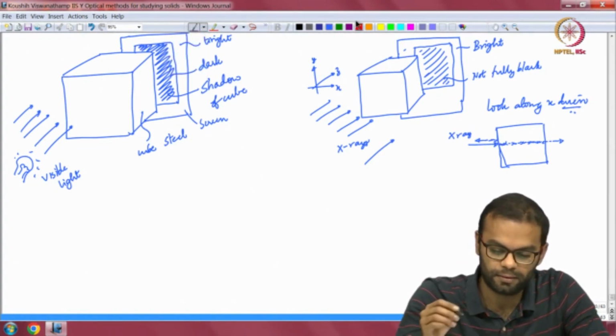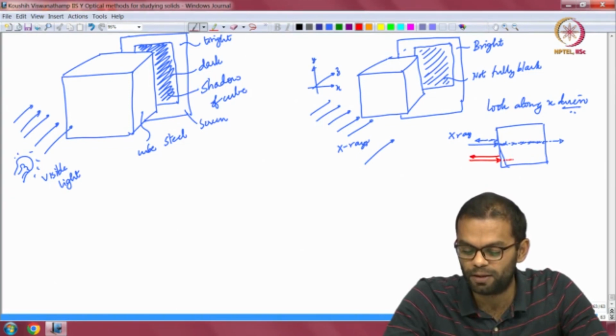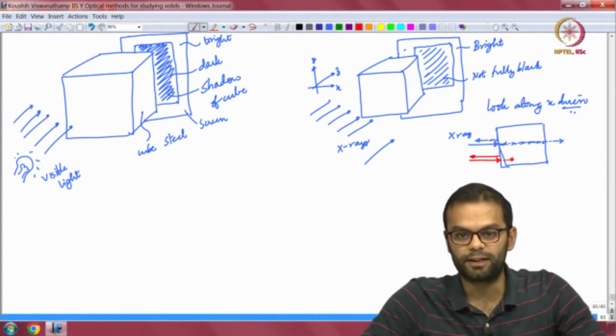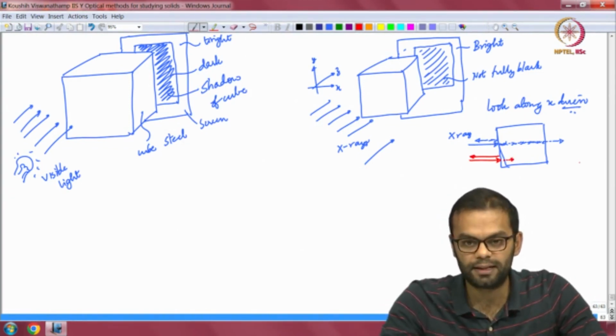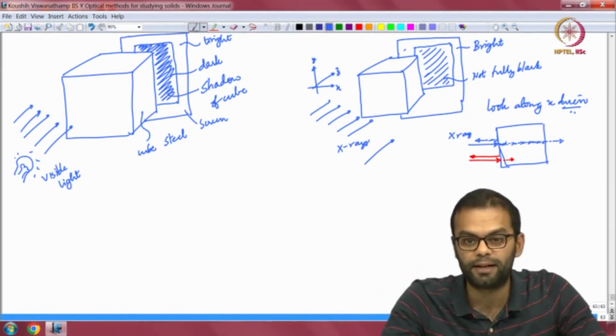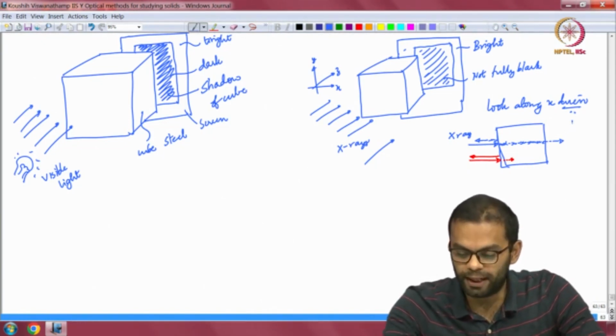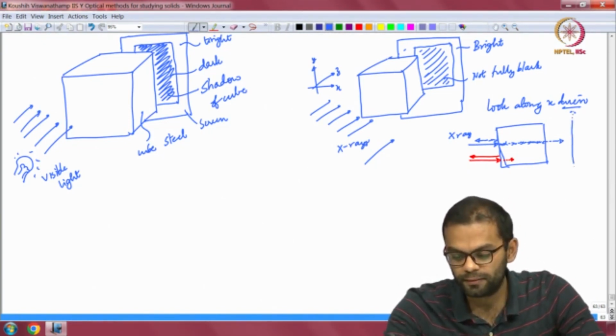If you had optical light, most of it is going to get reflected, some of it will get absorbed and it is done, nothing is transmitted. So, the result at the end is completely black, so there is no transmitted light, but in the case of X-rays there is something being transmitted. So, you get some hazy grey image instead of complete black.